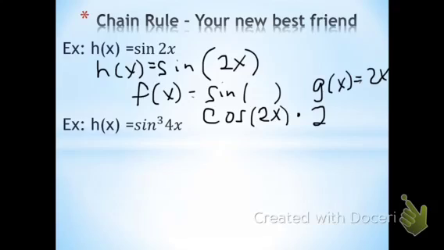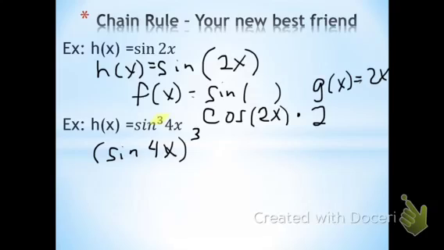Finally, as we look at our last example right here, this one's a bit of a doozy. You need to recognize a couple of things. First, you need to recognize that what I'm talking about is actually the sine of 4x, cubed.